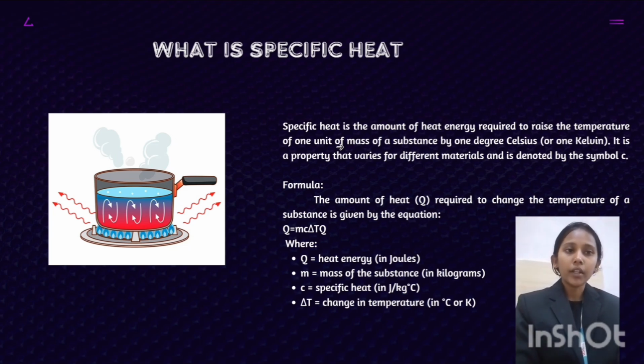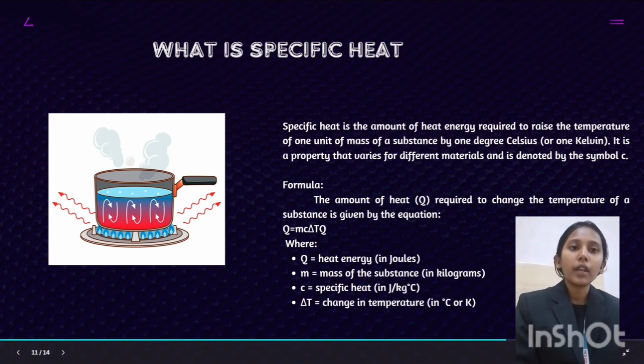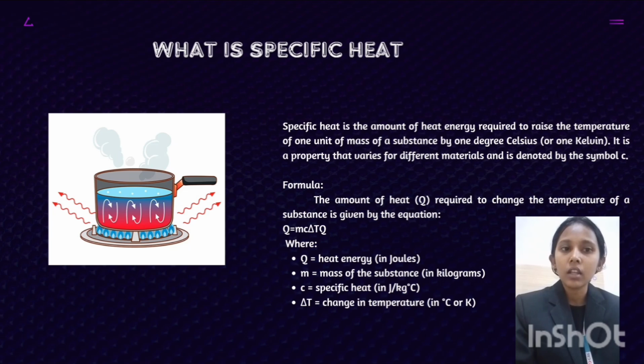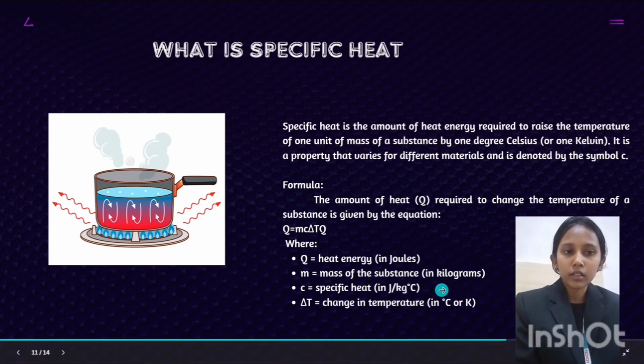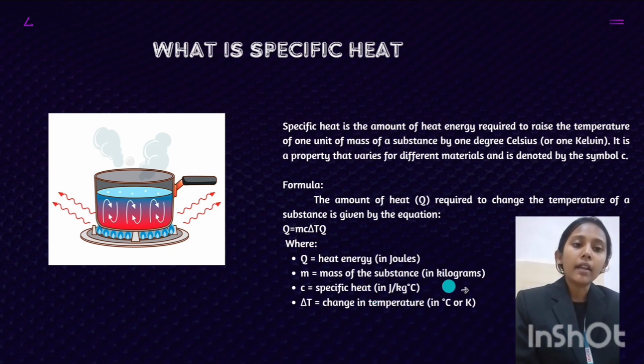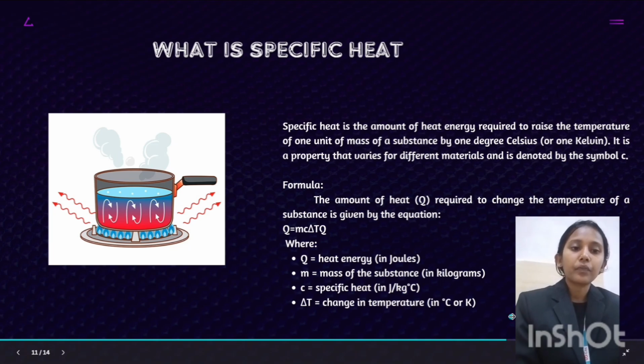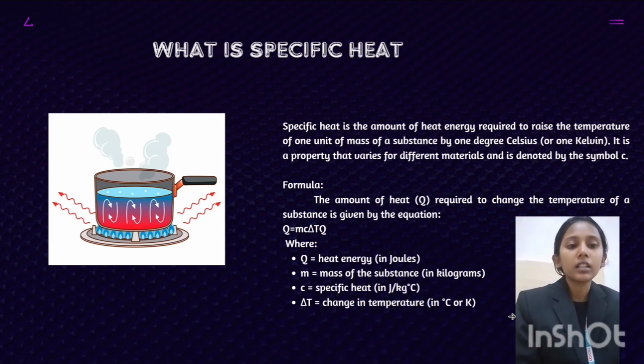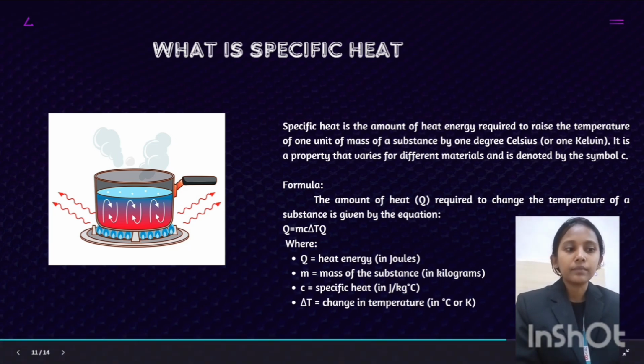It is a property that varies for different materials and it is denoted by the symbol C. To find the specific heat of any substance, we use this formula: Q = mcΔT, where Q is the heat energy, m is the mass of the substance in kilograms, C is the specific heat, and ΔT is the change in temperature.